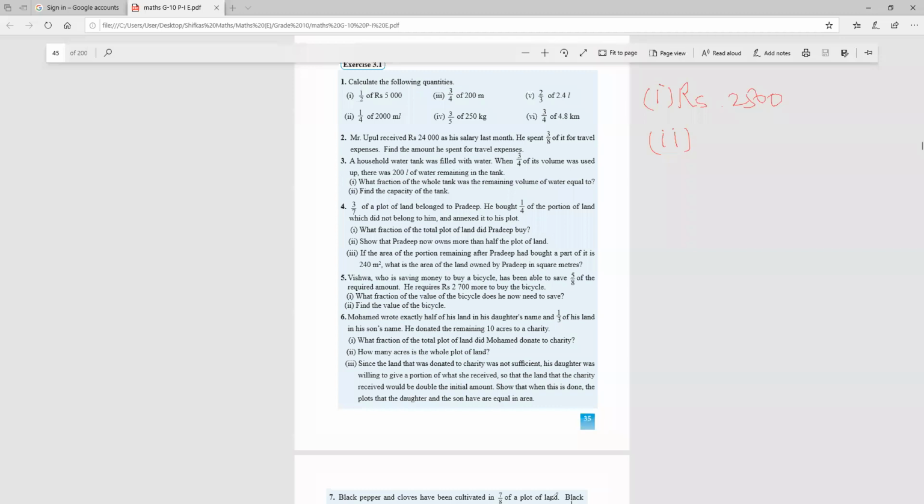Anyone needing explanation, inform me quickly, please. Okay, I didn't get any messages. Mark it correct. Very simple questions. 150 meters. Third one is 1.6 liters.